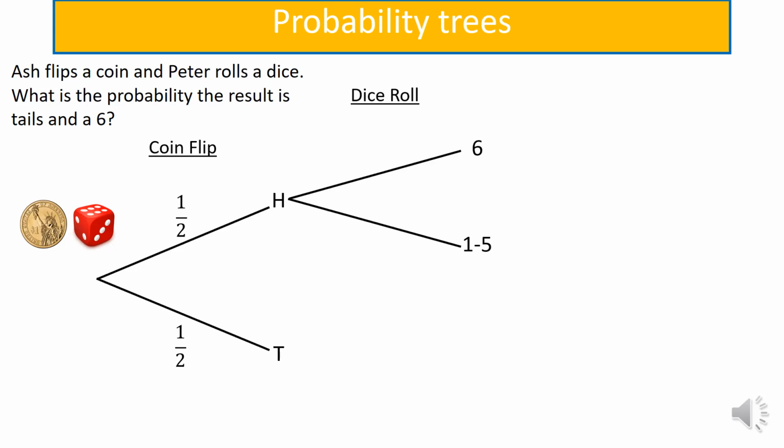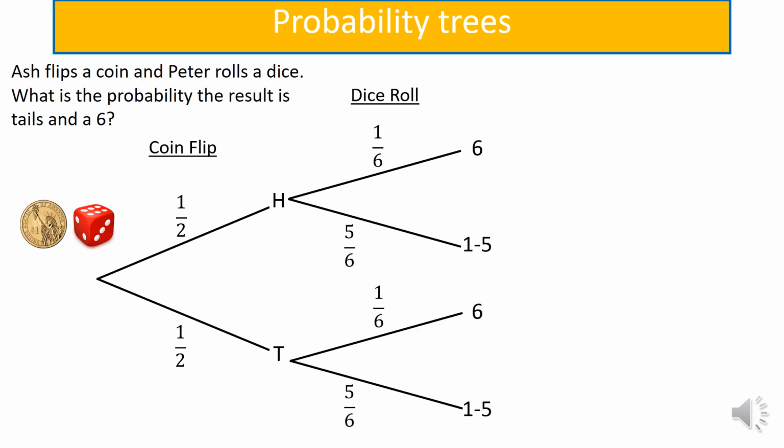The probability of getting a 6 is 1 over 6, and the probability of getting numbers 1 to 5 is 5 over 6, because there are 5 numbers, 1, 2, 3, 4, and 5, out of the 6 numbers that we have on the dice. When we get tails on a coin, we have the same set of possible results for a dice. So these are the probabilities on our tree.